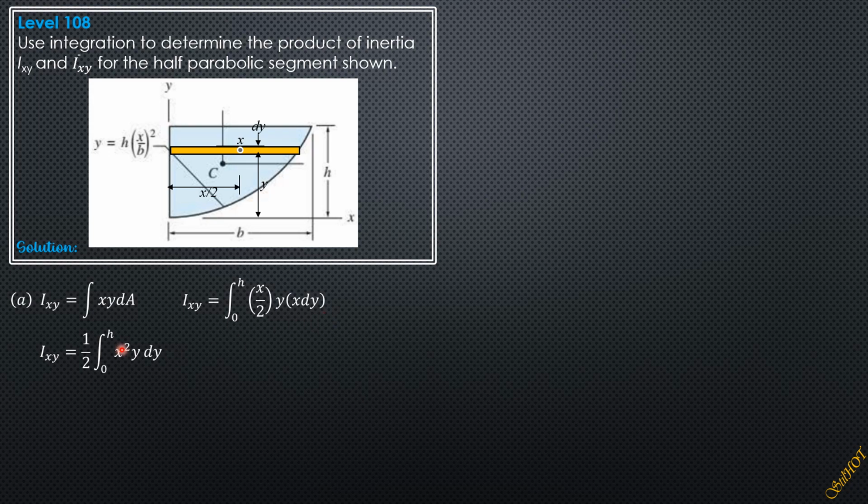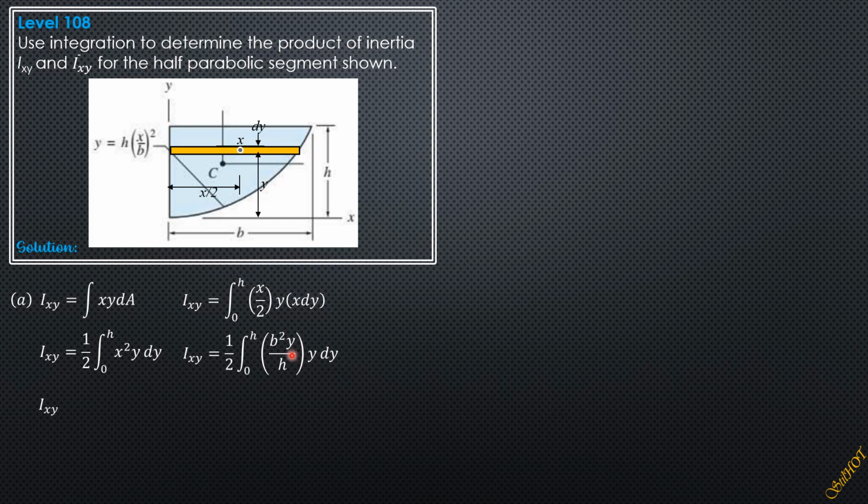So we must express x in terms of y. Since the equation of this parabola is given, if we expand this, x squared over b squared equals y over h. So x squared is b squared y over h. So Ixy equals 1 half integral from 0 to h of quantity b squared y over h times y dy.